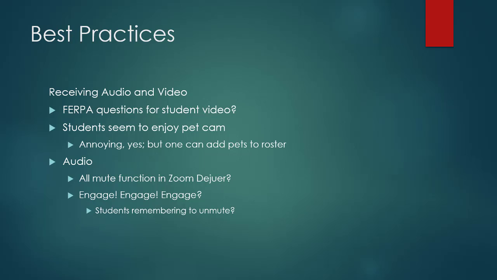You're going to hear a little brother screaming in the background. You're going to hear dogs barking, you name it. But most of the new delivery methods have an ability to mute everybody. However, this leads to an interesting fact: if you want to engage, students are trying to talk, but you can't hear them.